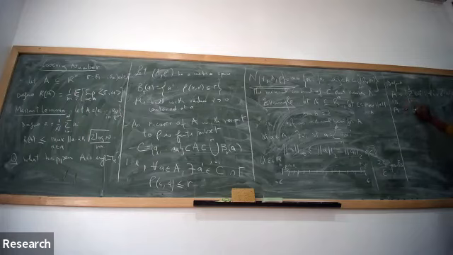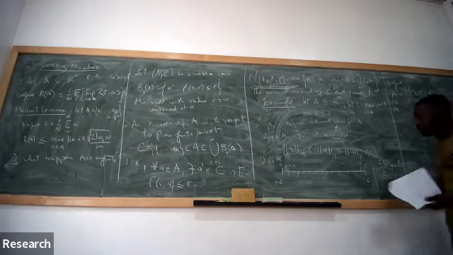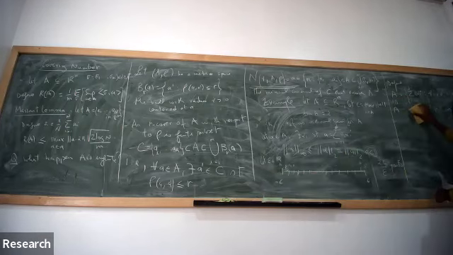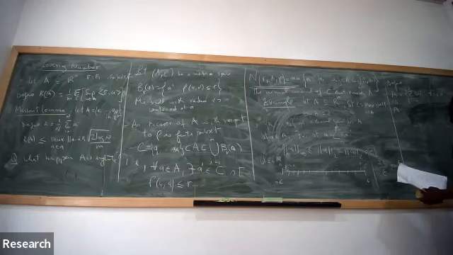And after defining this, my claim is that A prime covers A. So let's prove why A prime, this set, which is discrete, is a finite set. First of all, let's evaluate the size of A prime.